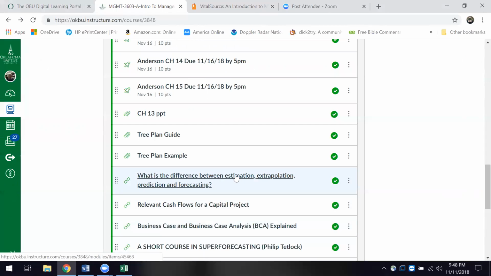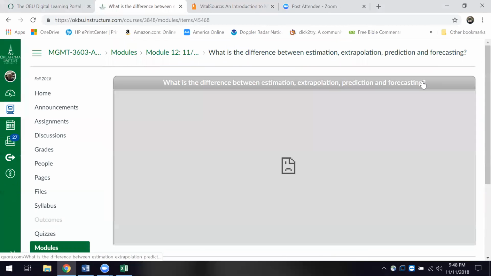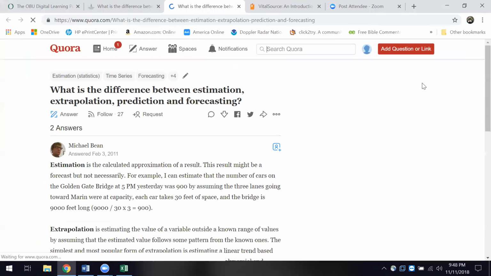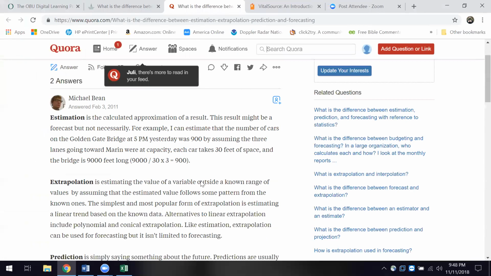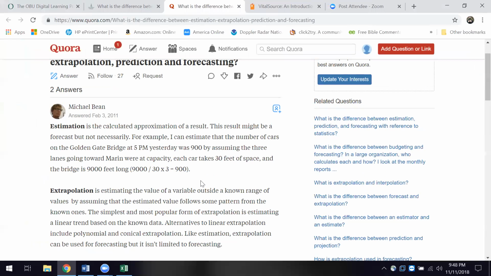Okay. And I want to talk for just a couple of minutes or so as regards this resource, the difference between estimation, extrapolation, prediction, and forecasting.